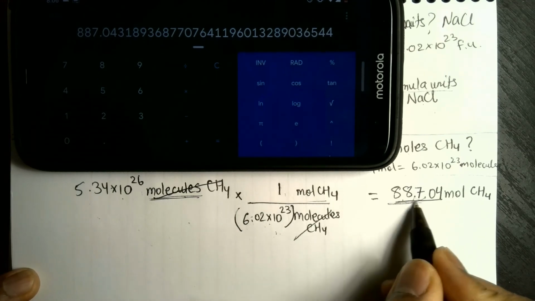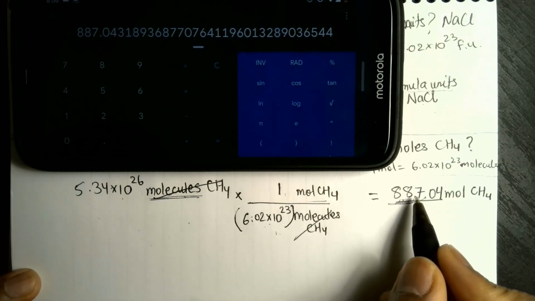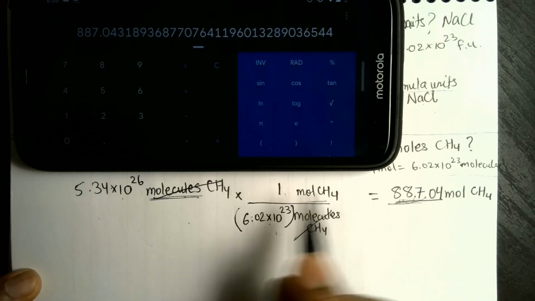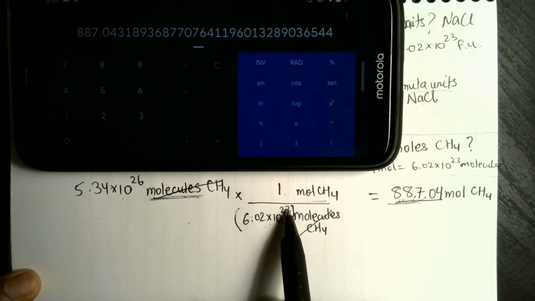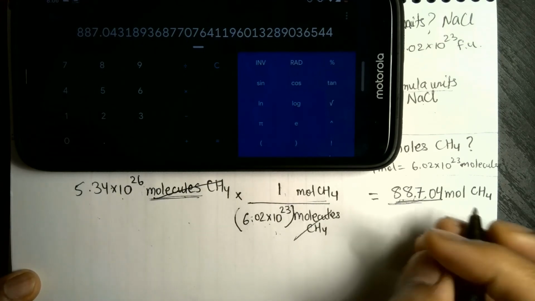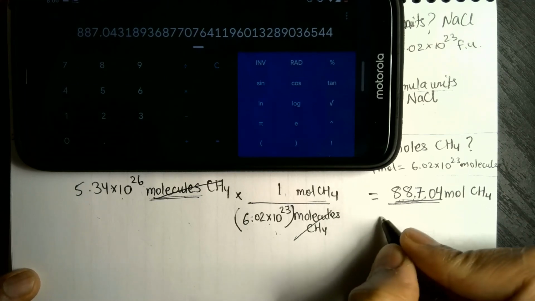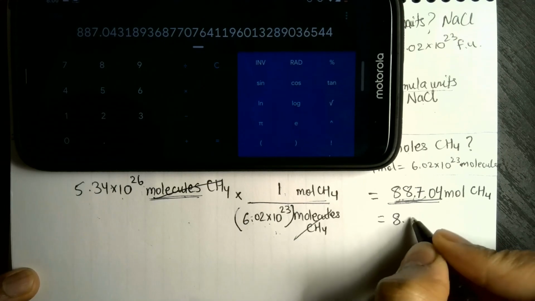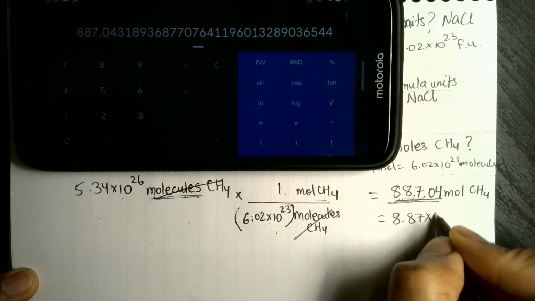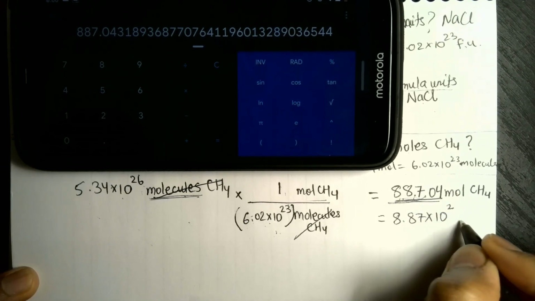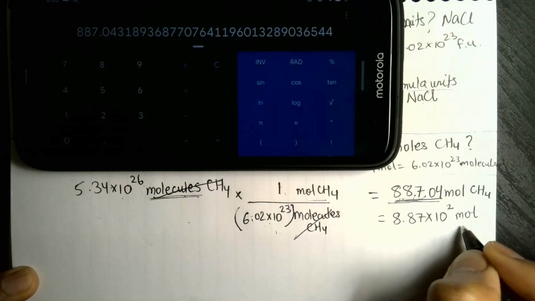It's close to 1,000. If you were to round this to the nearest thousand, it would be 1,000, and that's what this divided by this should give you, 1 with 3 zeros. So you can keep that number as is, or you can write it as 8.87 times 10 to the power 2 moles of CH4.